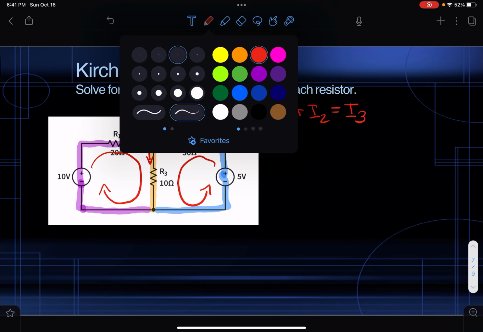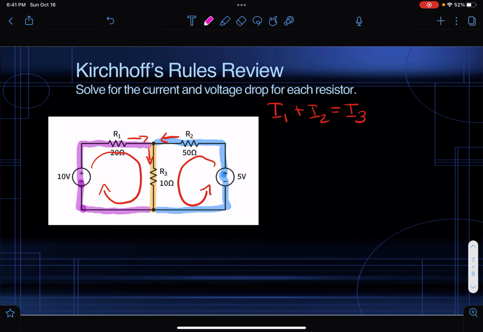So now I'm going to do my 2 loops. Okay, so I'm going to start with my 10 volts. All right, so my V, I'm going to call that 10, minus my V across R1, minus because it's going in the correct direction, minus my V across R3 is going to equal 0. All right, so now I'm going to substitute my numbers in there.